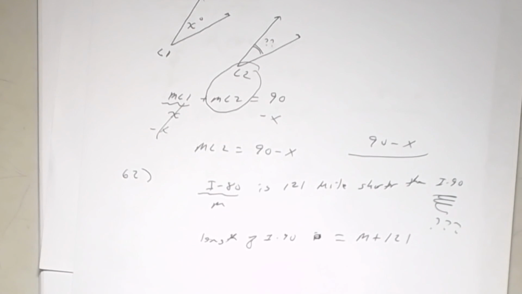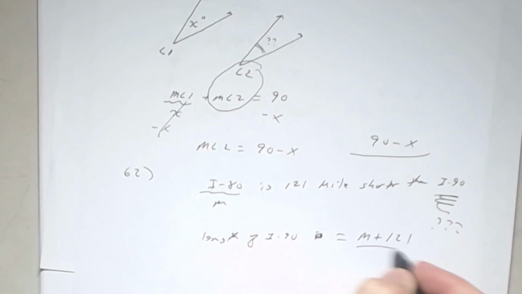Now, in the problem it says to use the word shorter, but that's just to indicate that I-80 is shorter than I-90. So if you want to get I-90 by itself, you have to use the fact that I-90 is 120 miles longer than what? I-80. So that will be the answer you put in the blank, m plus 121.